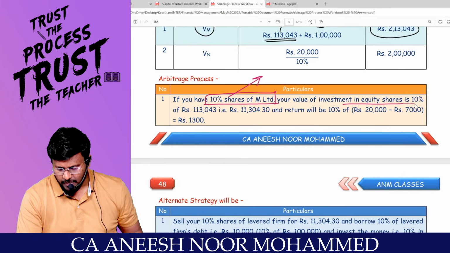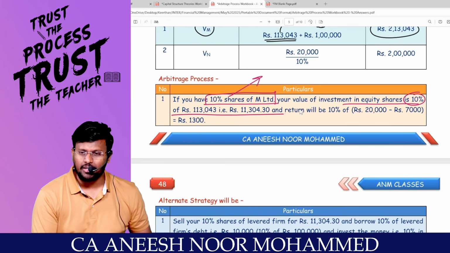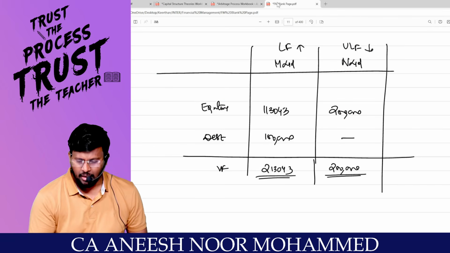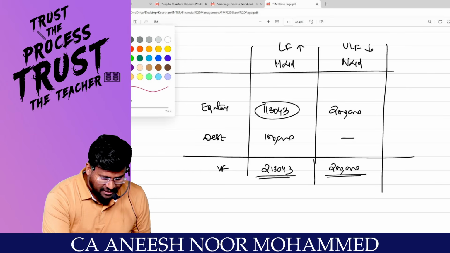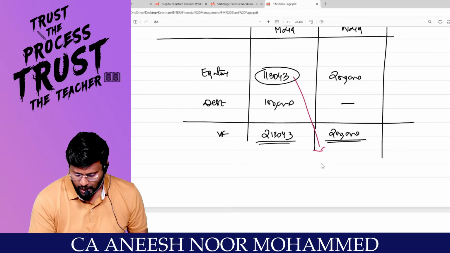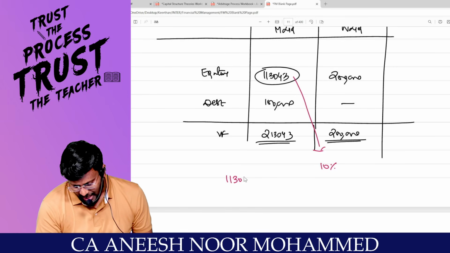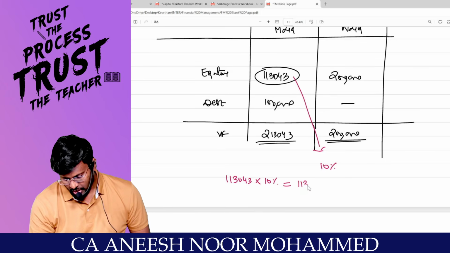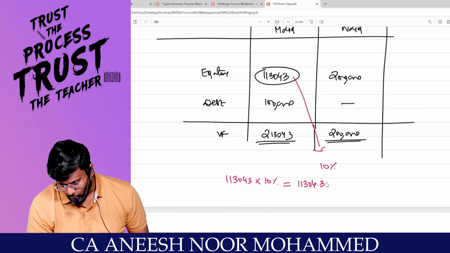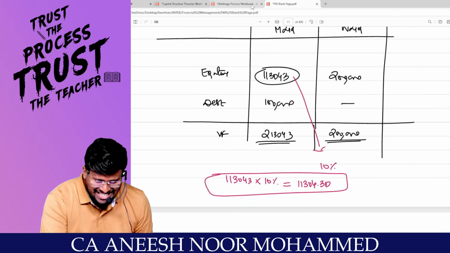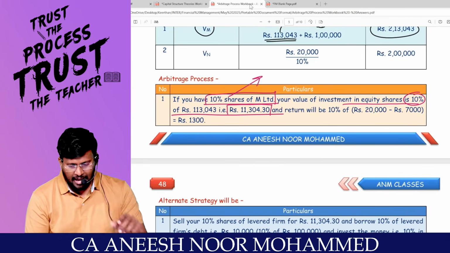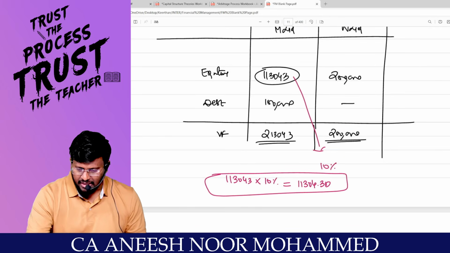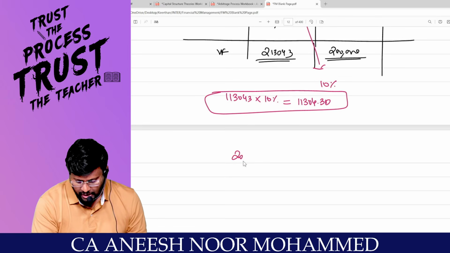Your value of investment in equity shares is 10% of 1,13,043, which comes to 11,304.30. That is your present investment. Correct? And the return will be how much percent? 10%.